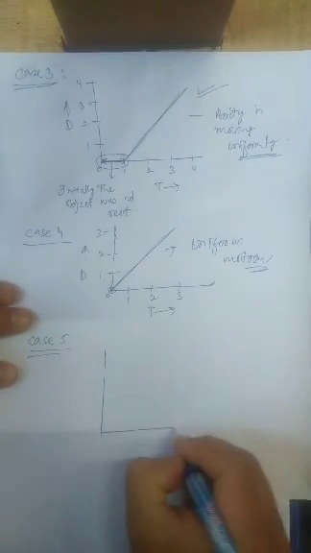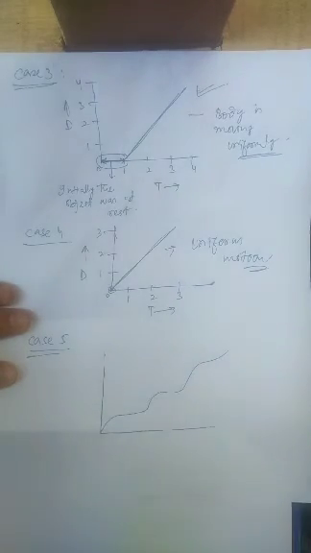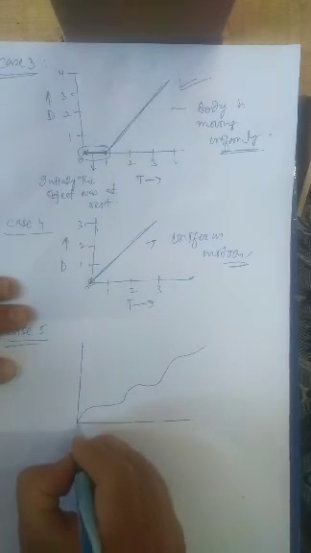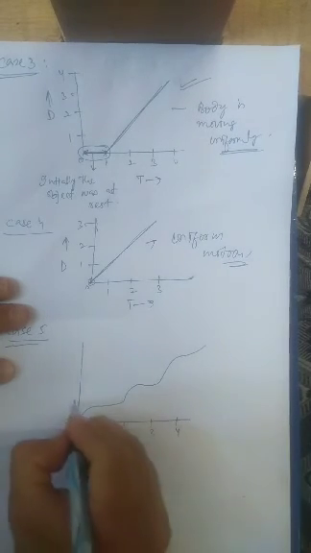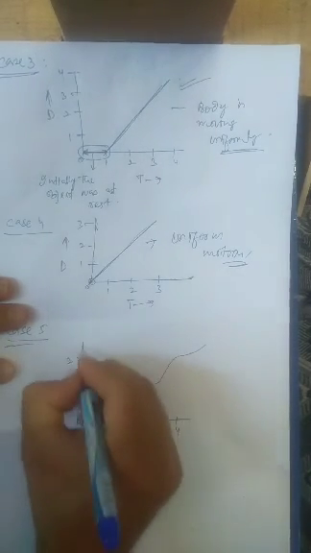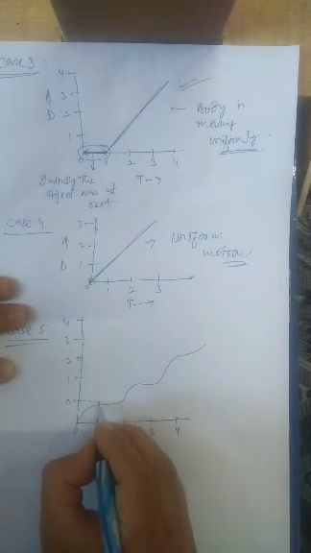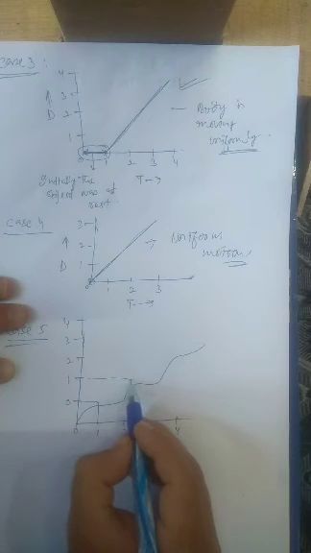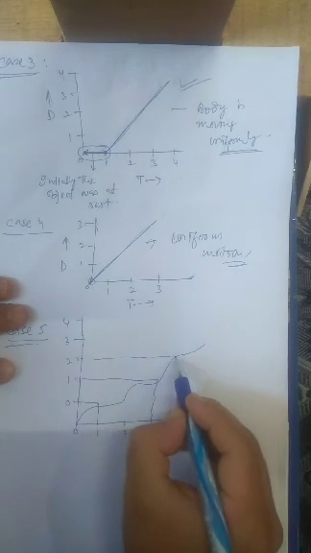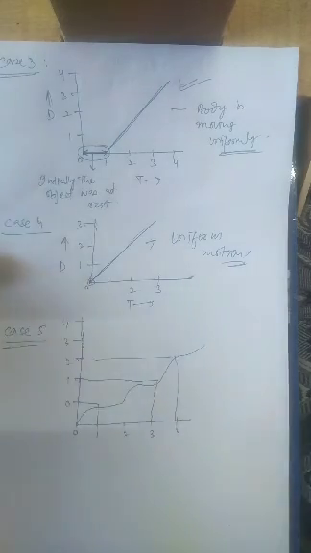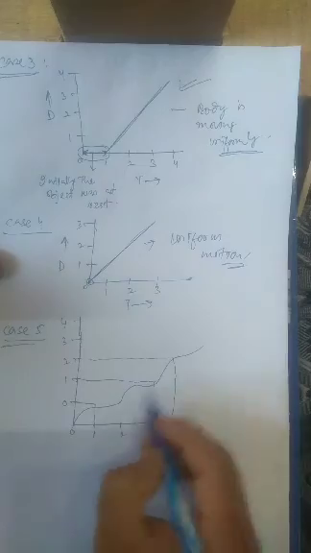Now case 5. If this type of graph is given, with 0, 1, 2, 3, 4 on distance and time, you can say that it's not covering equal distance in equal intervals of time.